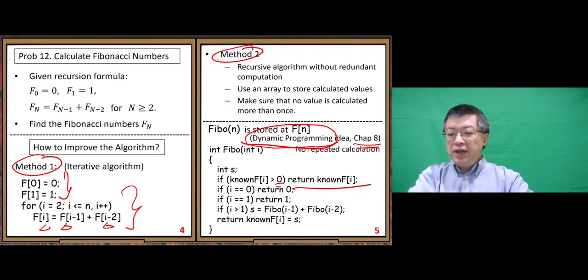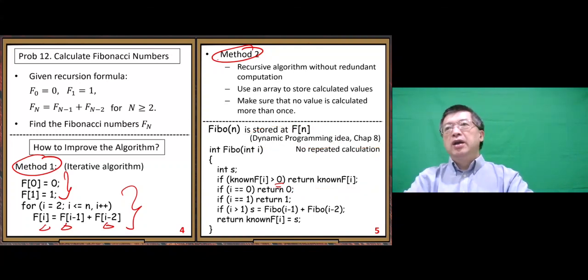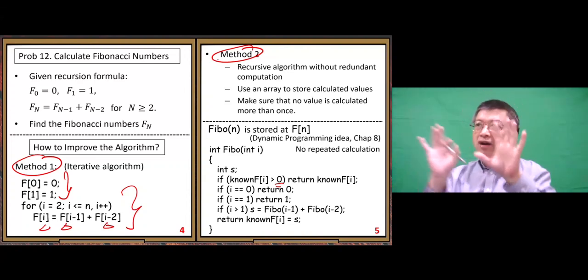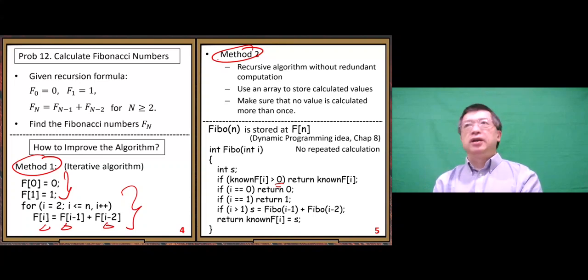So the basic idea is no repeated calculation. But at this point, I do not want to go too far on dynamic programming, because in module 7, I will discuss the whole theory from beginning to end in a lot of detail. All right, so that's all 4 videos for today.